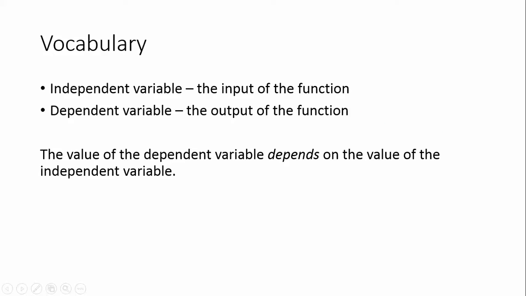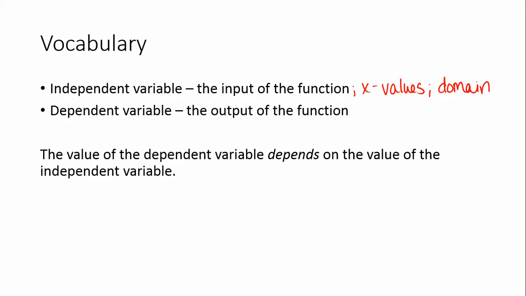A couple of definitions are independent variable and dependent variable. So the independent is the input of the function. These are the x values, also called the domain. And all of these terms are interchangeable.